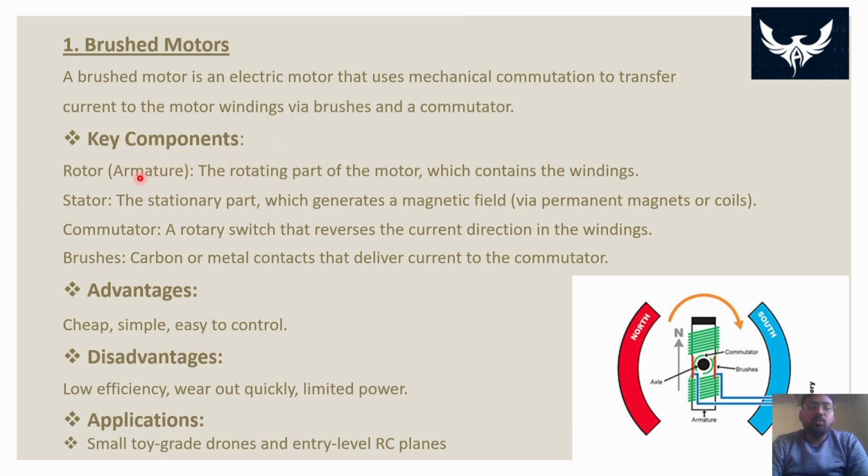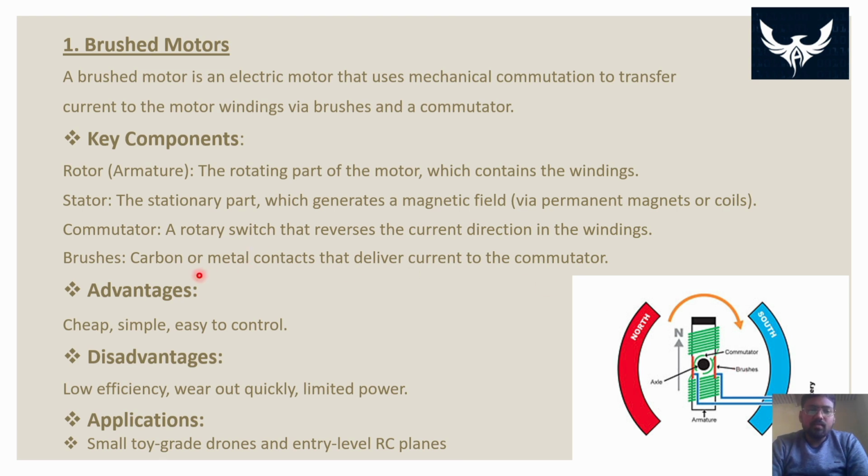The components of the brushed motor are the rotor, which we also call the armature, the stator, the commutator, and the brushes. In this figure, you can see this is the winding and commutator. This is the actual black one, and this red one is the brushes we use here.